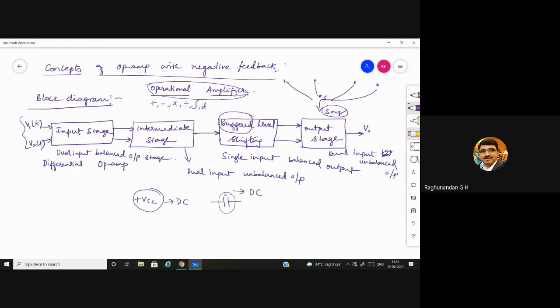Obviously, for an amplifier, it has to be in the active region. So it has used DC signal and kept the operating point in the active region, and the signal is amplified. But because of the usage of DC, some amount of DC has now got added to the AC.